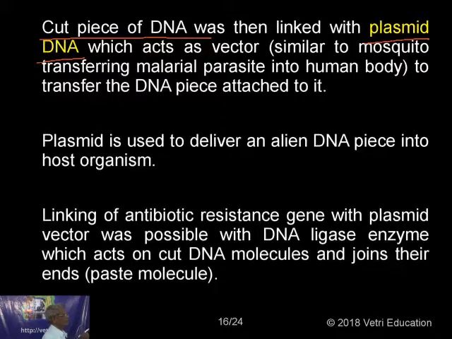The moment you attach it, it can be transferred to anything else to transfer the DNA piece attached to it. So this plasmid is used to deliver the alien DNA piece into the host organisms. Linking of the antibiotic resistance gene with the plasmid vector was possible with DNA ligase. Just like molecular scissors, exonucleases and endonucleases, you have DNA ligase also.